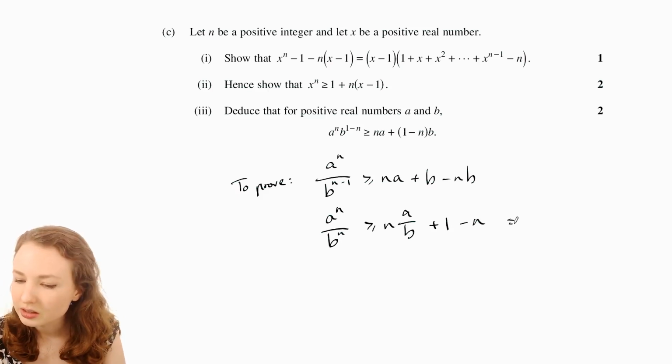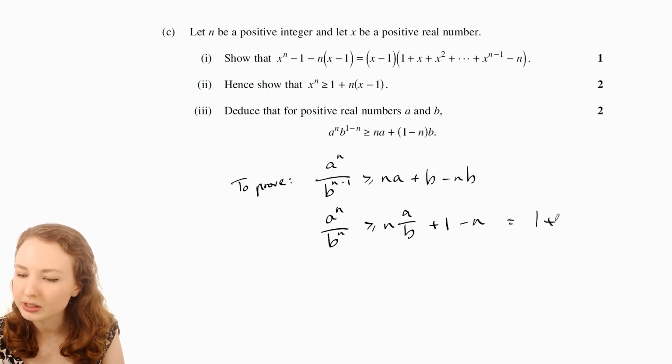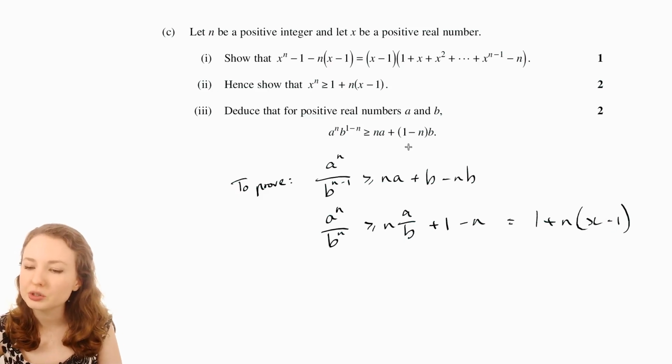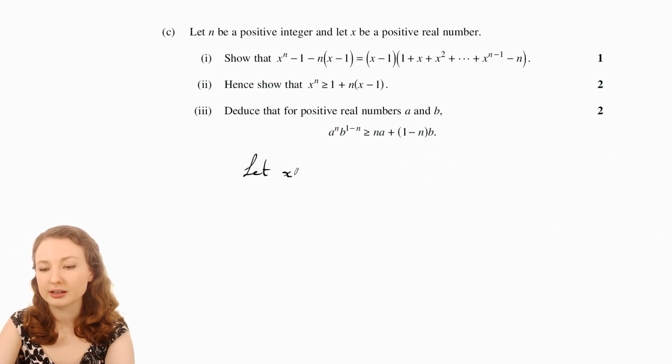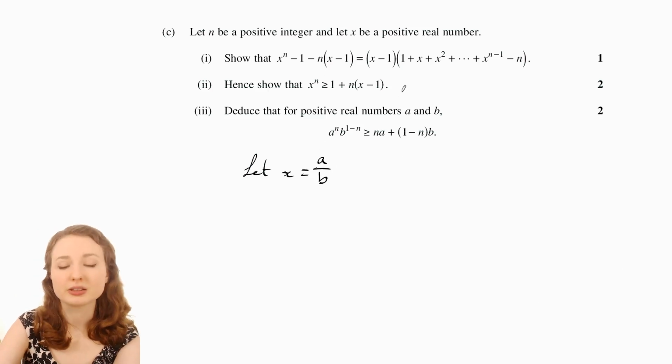It's meant to be in that form, 1 plus n, x minus 1, if x is a on b. So we just want to say, let x equal a on b, and then plug that into there.